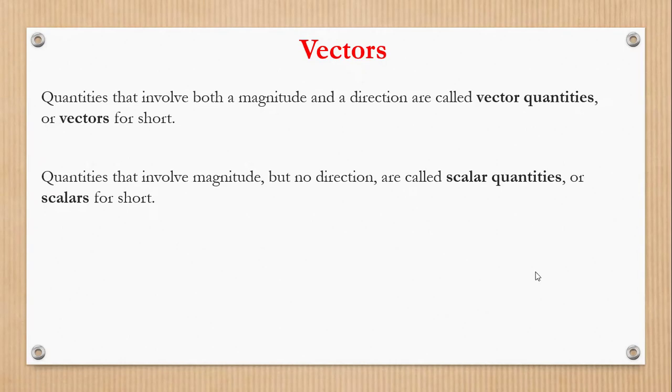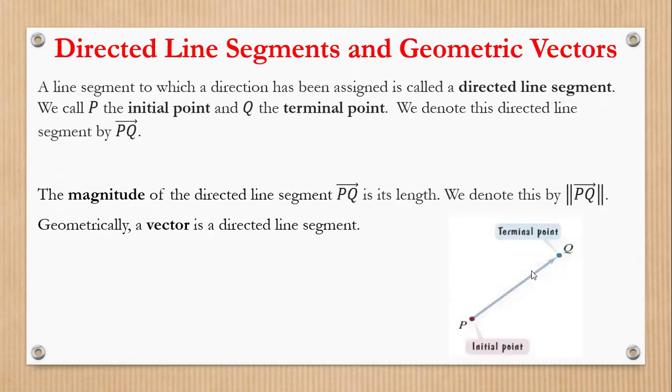or scalars. So as you see in this picture, we have a line segment which has a direction assigned to this line segment. So that's why we call this one a directed line segment. And if the initial point of this line segment is P and the terminal point is Q, we call this one a directed line segment PQ.